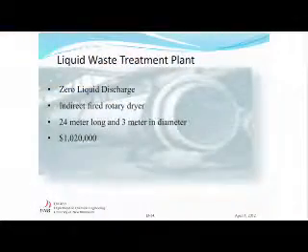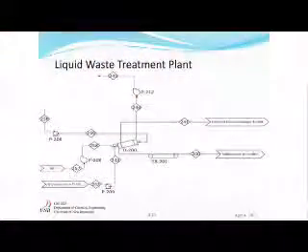So for the liquid waste treatment plant, we are using a zero liquid discharge. The environmental regulations regarding the liquid waste from the power plants are becoming very stringent these days, and so more of the industrial companies are moving toward zero liquid discharge, which means no water will be sent to the environment. So we're using an indirect fire rotary dryer.